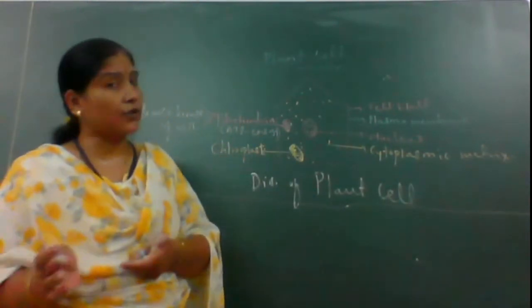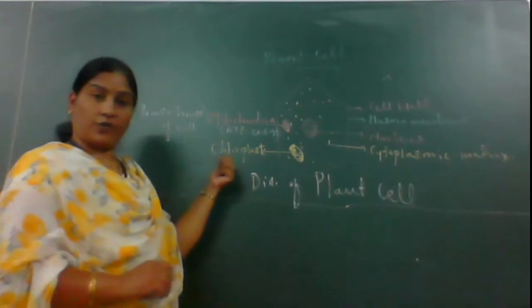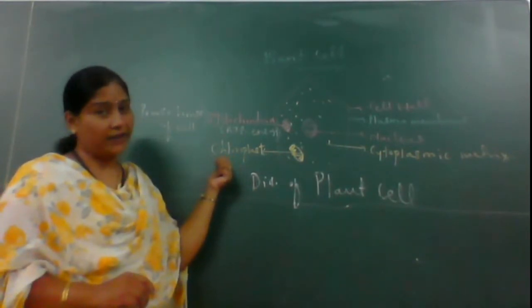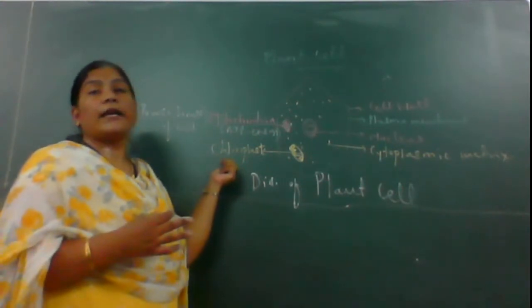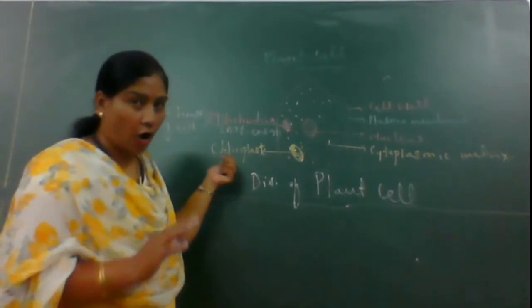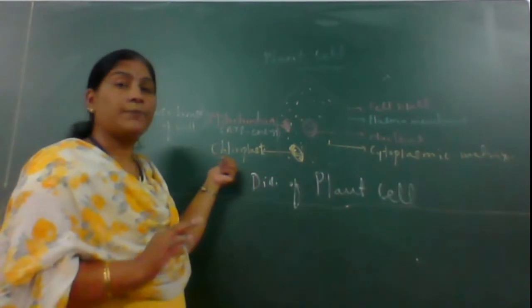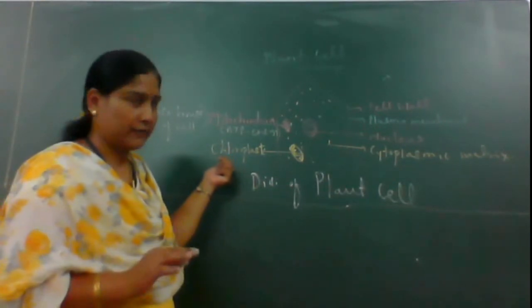The chloroplast is essential because through it photosynthesis occurs, by which food material is prepared.